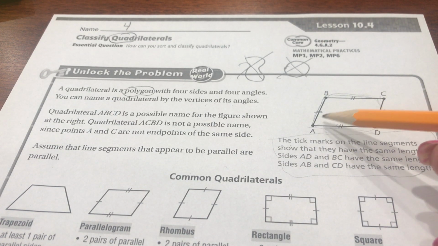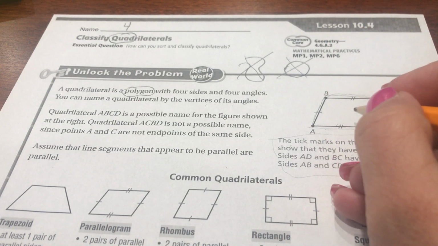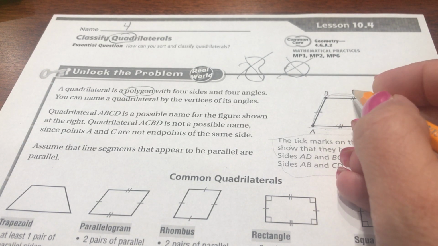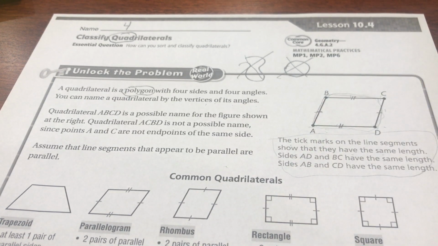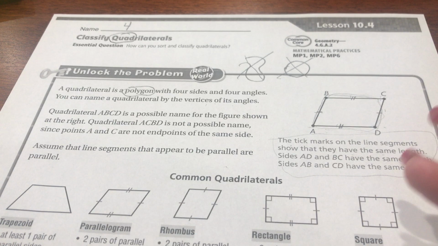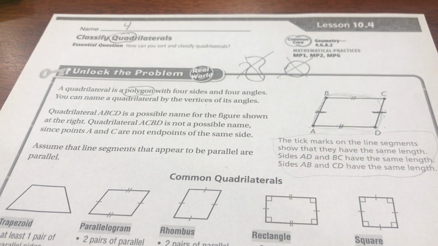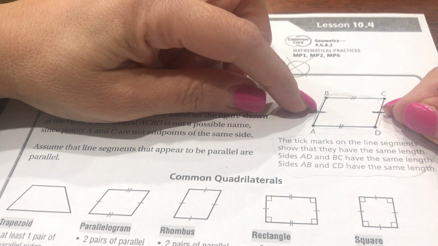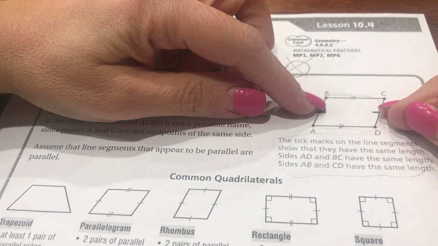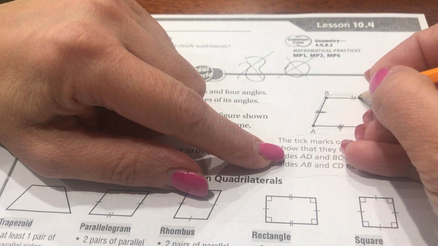So side AD and side BC have the same length because look, they have double tick marks. But side AB and side CD have the same length because they have a single tick mark. So that's what that means. The single tick mark, those two lines have the same length, and the double tick mark, those two lines have the same length.